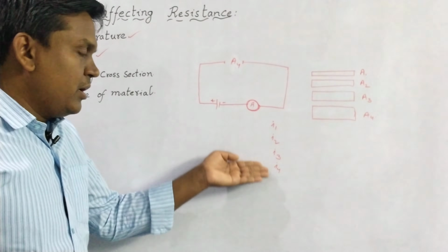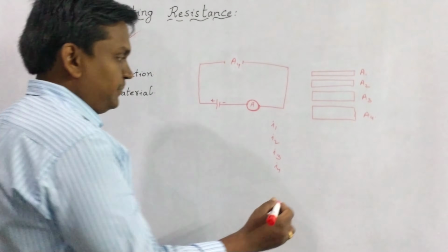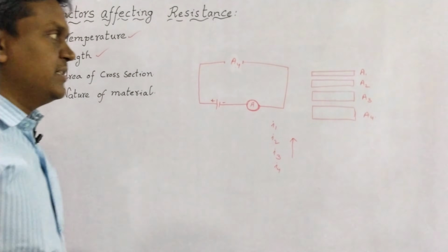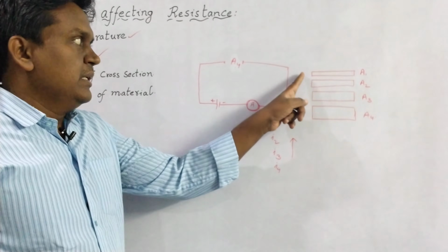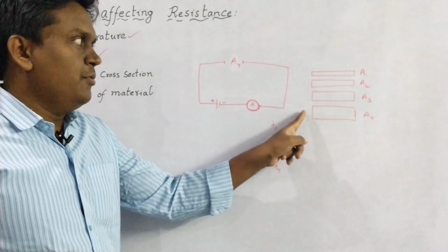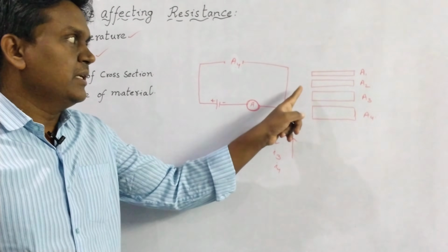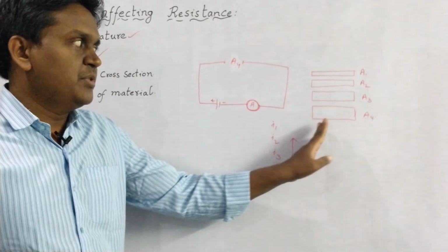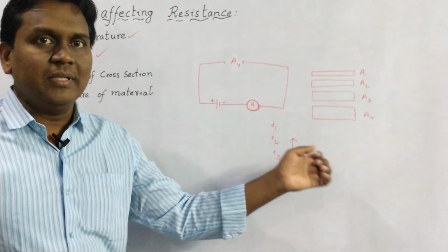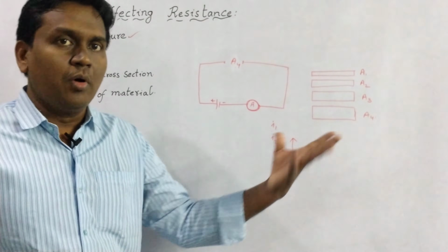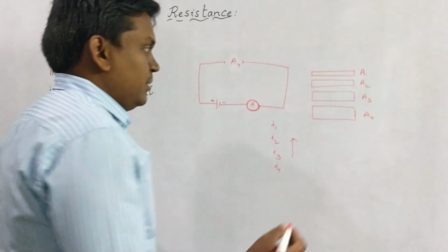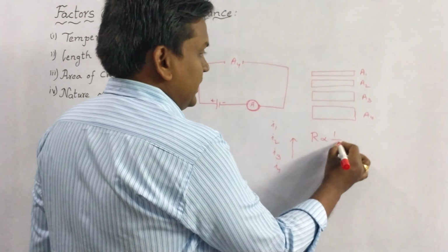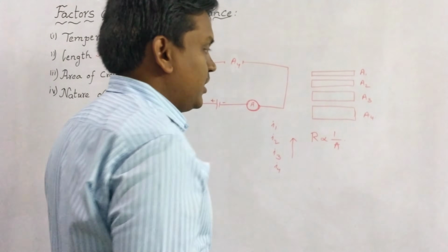See, based on all these values, if you observe, the current reading gradually increases. As we compare A1 and A4, the current passing in A1 and A4, we observe when we place A4, the current passing through the circuit will be more. That means by this we can conclude that resistance is inversely proportional to area of cross section.